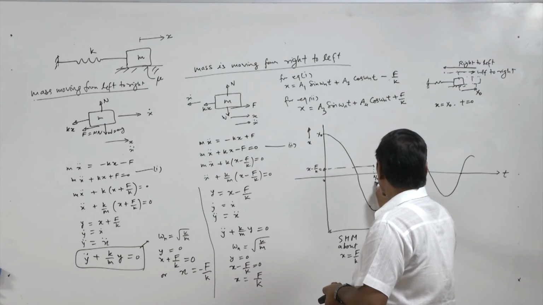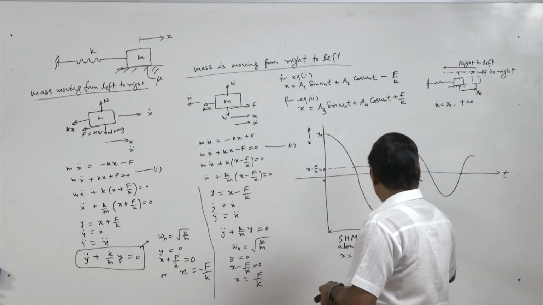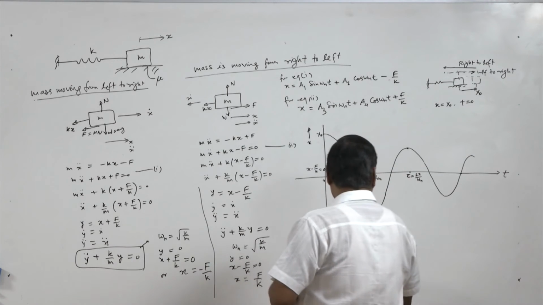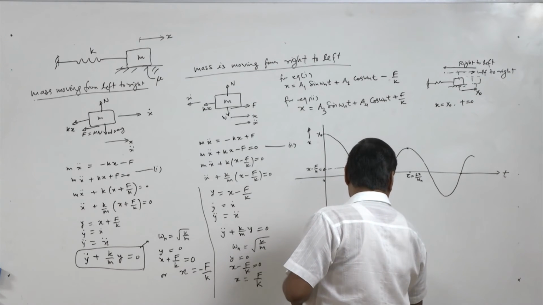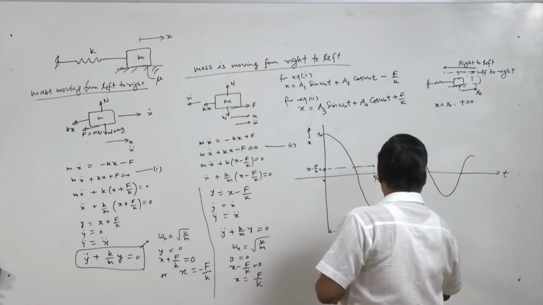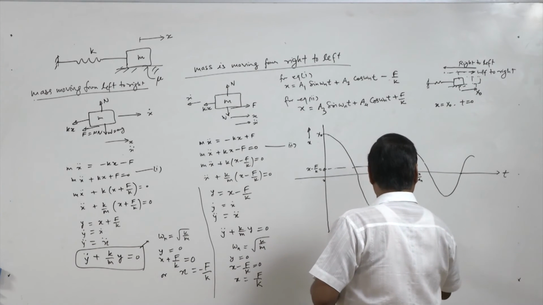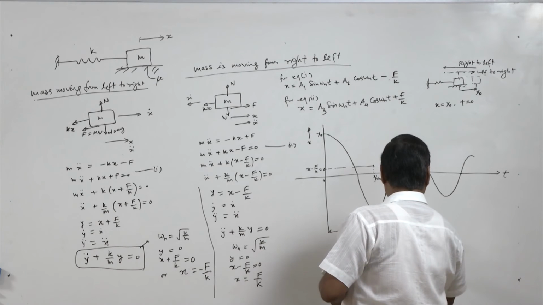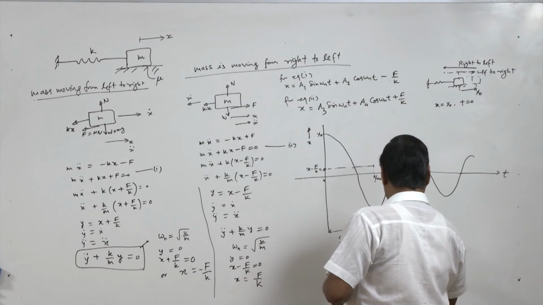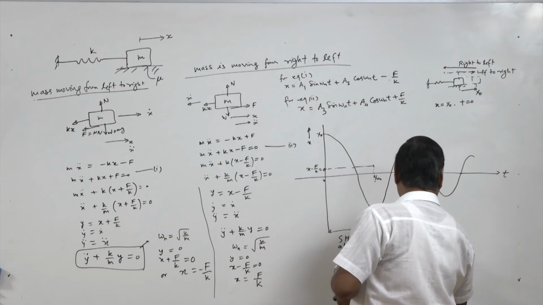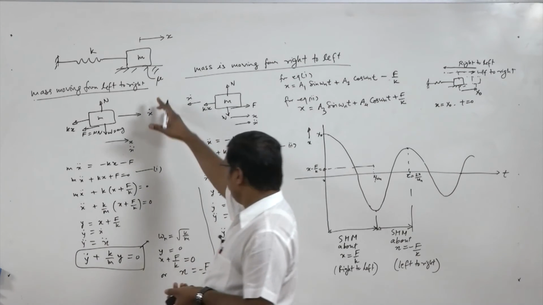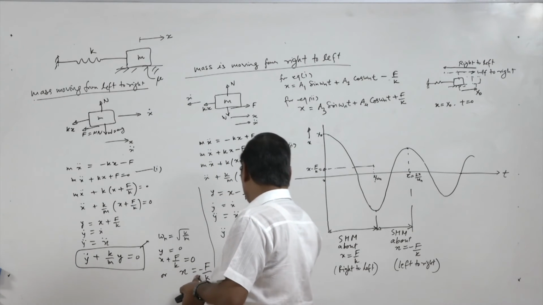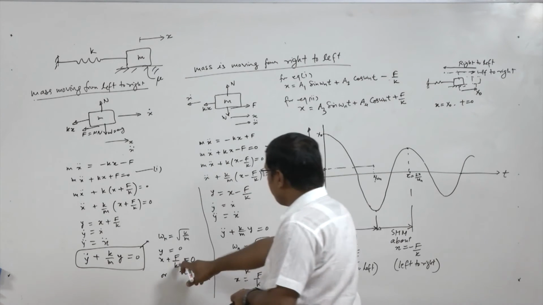In the next half cycle, when it is moving left to right, it will do SHM about x equal to minus f by k, or x plus f by k equal to 0.